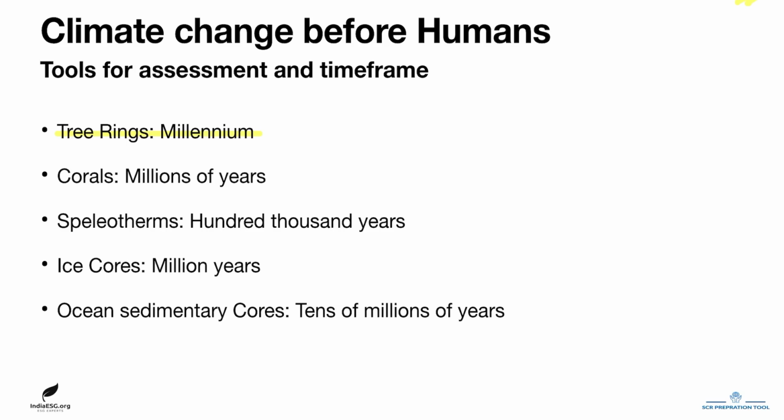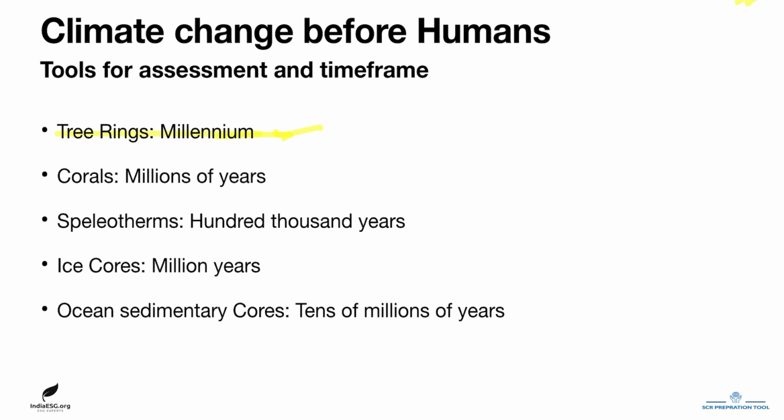So these rings grow rapidly in the spring, and during this time they produce light colored wood. And during autumn this ring slows down, at that time the color gets dark. So when trees grow more, they produce wider rings in relatively warm and wet years.